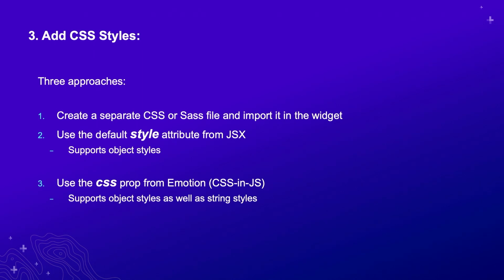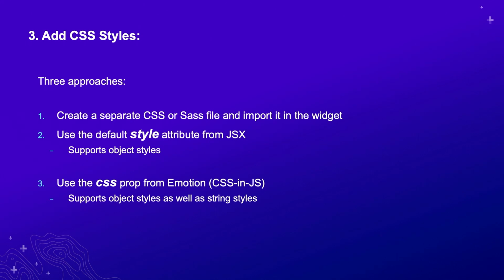This is more like the traditional way of writing CSS. Second one is to utilize the style attribute from JSX. This is very similar to writing inline CSS. You can define the CSS as an object and assign it to the style attribute on an element.